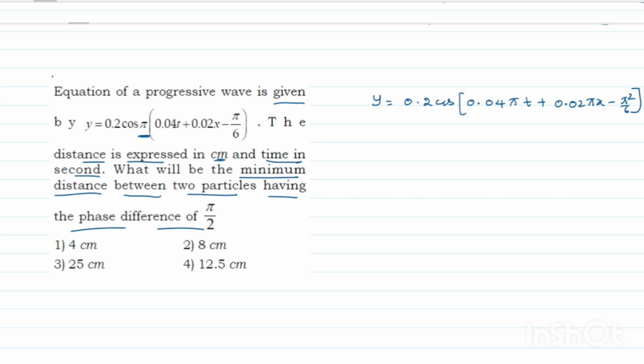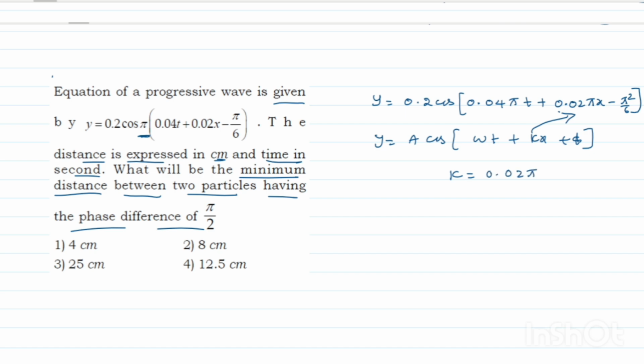So the phase difference they are asking, here you just calculate the minimum distance. Minimum distance is nothing but the path difference they are asking. So this is y equal to a cos of omega t plus kx plus phi. It is in this form. Instead of k here you can take 0.02 pi.